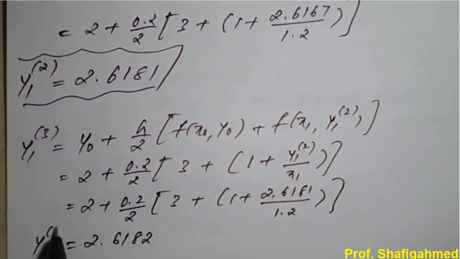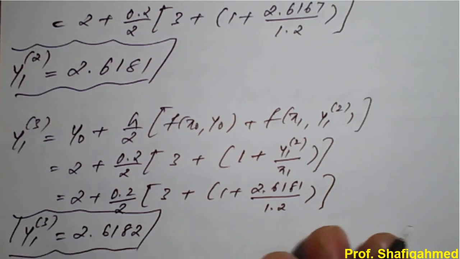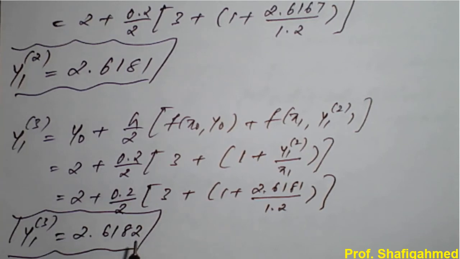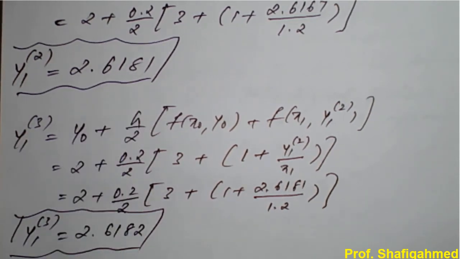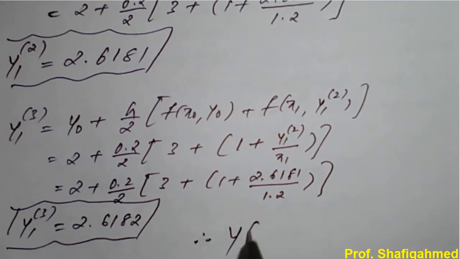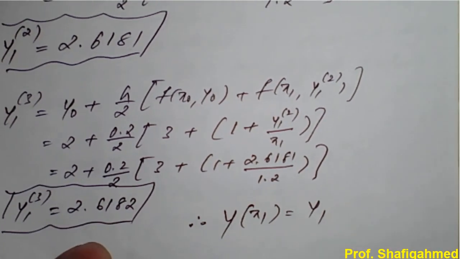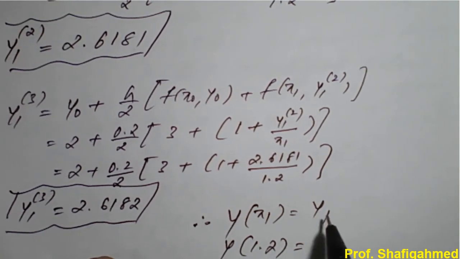So y1 of third approximation. You can observe one thing here. So 2.6181 is there, 2.6182. We can stop because almost both are similar, and I can say that is the required value. So therefore I will conclude here. y of x1 is equal to y1, which is nothing but y of 1.2, is equal to the approximate value of y.